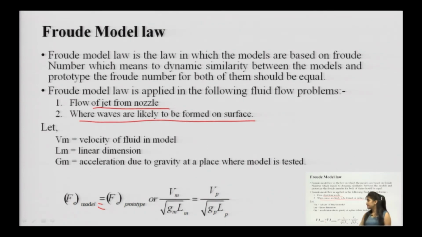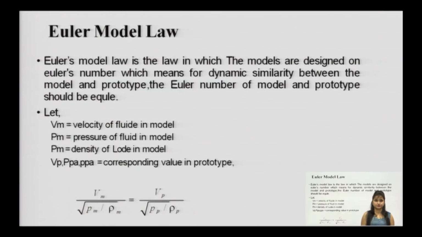Considering velocity, Vm is the velocity of model, L is the linear dimension, and g is the acceleration due to gravity. All these m denote model and all these p denote prototype. For models designed with Froude's model law, the Froude value of model and the Froude value of prototype are equal.